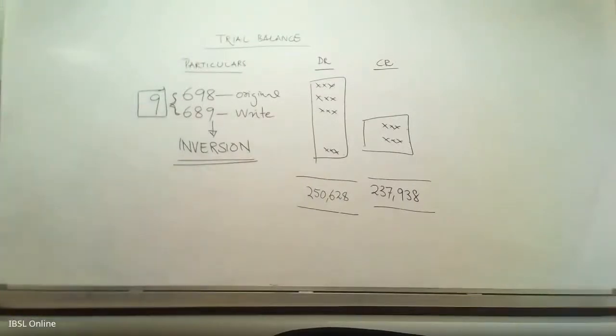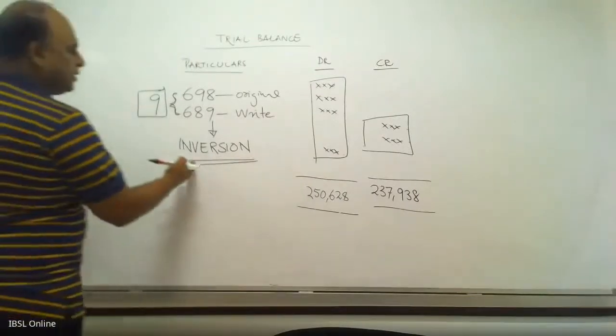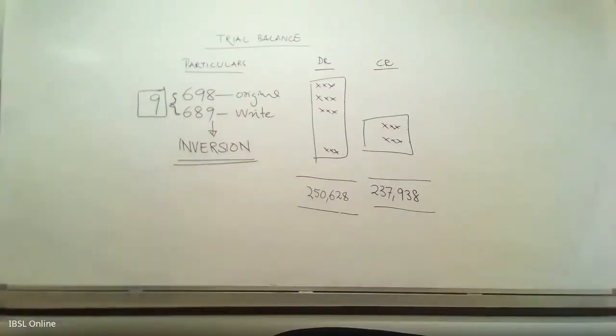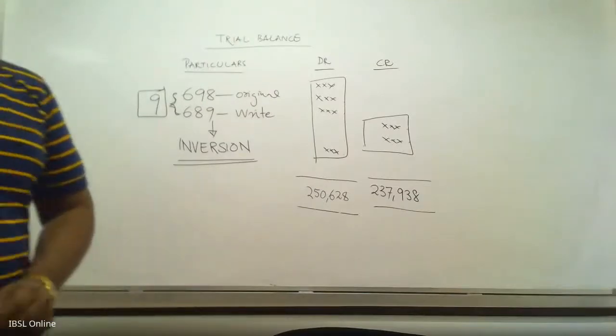So this so-called inversion is in accounting terms known as transposition error. Transposition error. That is what we are trying to understand. We call it transposition error. So as a result, let me go back to the screen.